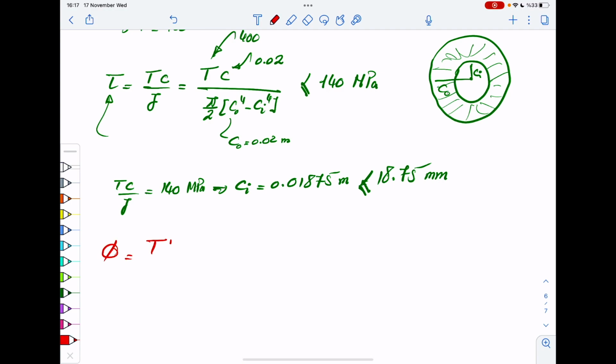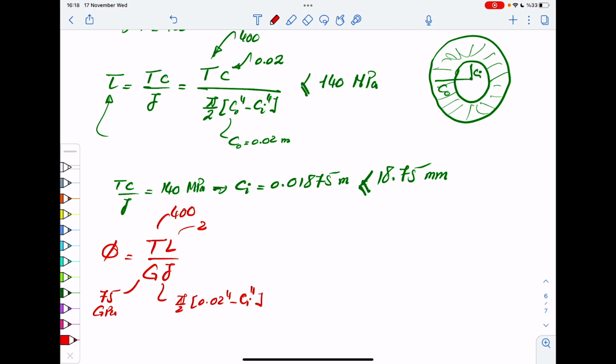Okay, so for the second part, it's very simple. Phi is now TL over GJ. Length is 2 meters, T is 400. We got G 75 gigapascal again, and we have J as our formula pi over 2, 0.02 to the power 4 minus Ci to the power 4.